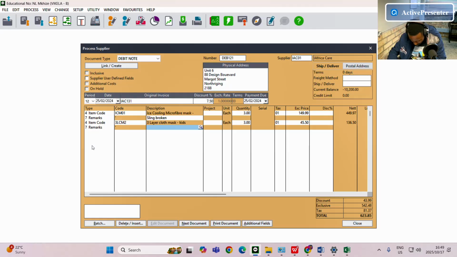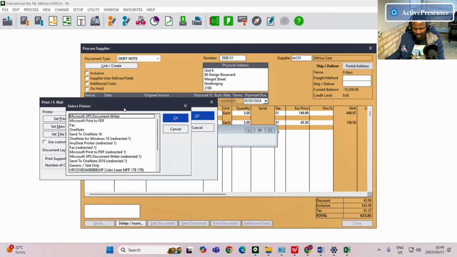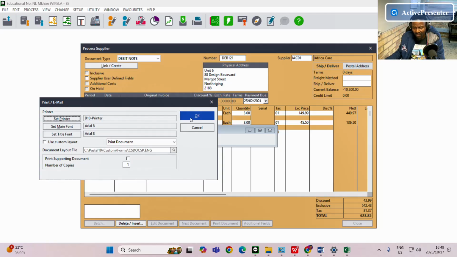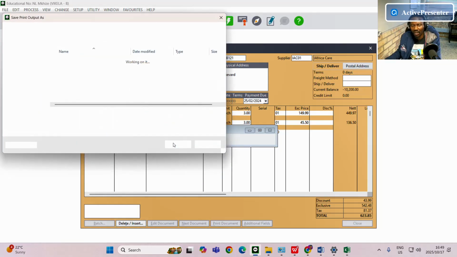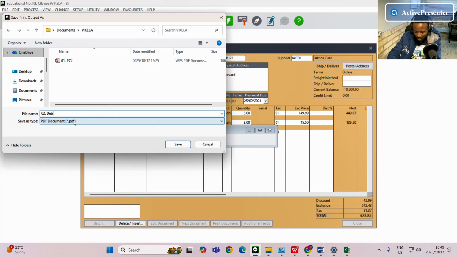The reason was wrong fabric. Yep, we are done. So I'm just going to print this. I'll be calling it debit 02 debit note because I will need it.